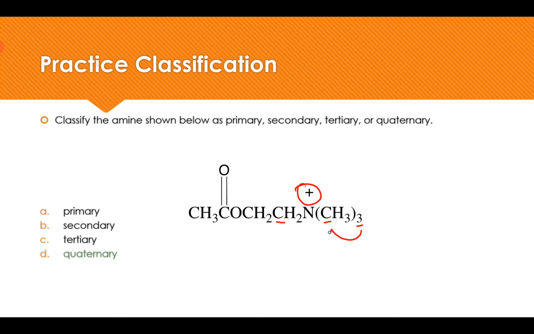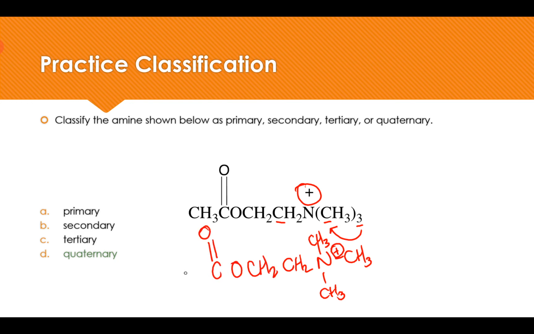This 3 means that there are 3 methyl groups on there. And so really it's CH2, N, CH3, CH3, CH3. And we can continue with the chain here.